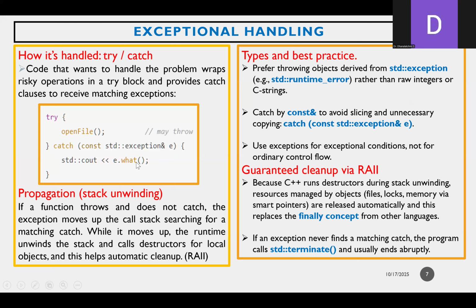So if the file open throws a standard runtime error, file not found, then e will be that object.